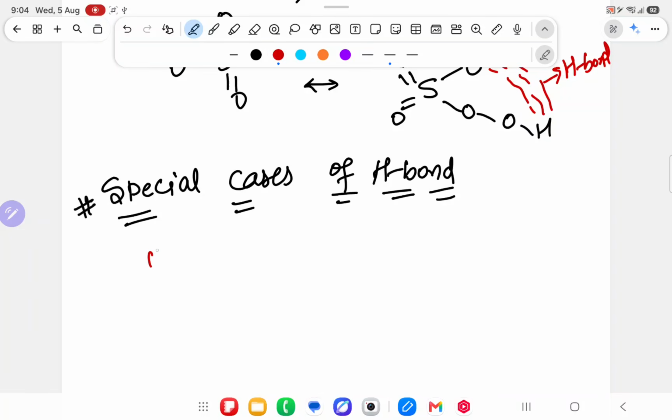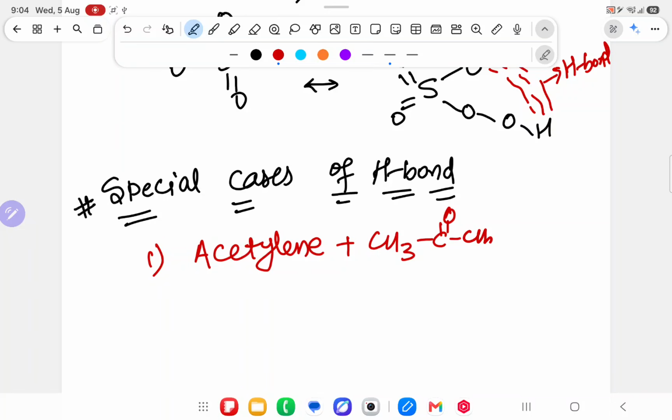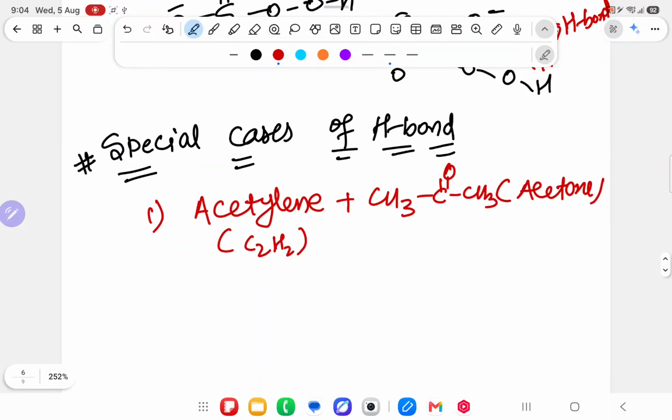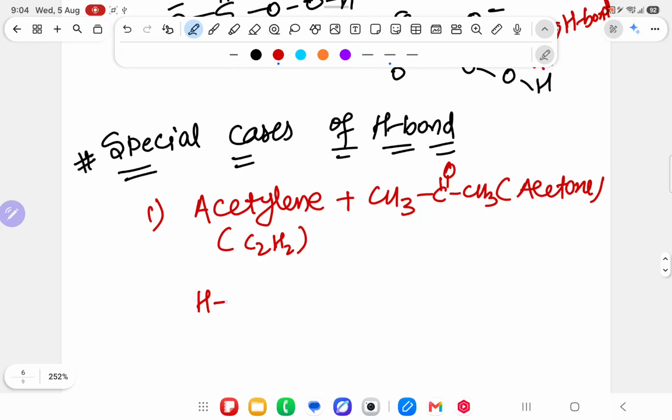The first one is acetylene plus acetone. CH3 C double bond O CH3, that is acetone, and acetylene means C2H2, an alkyne. What will you do?